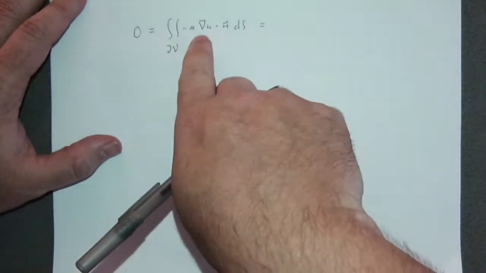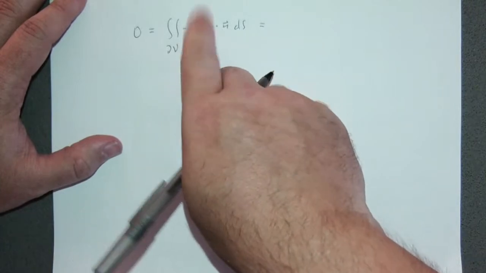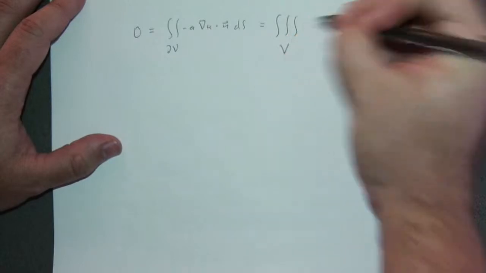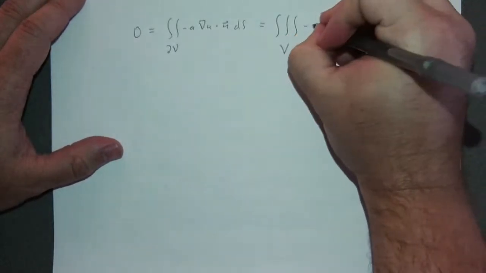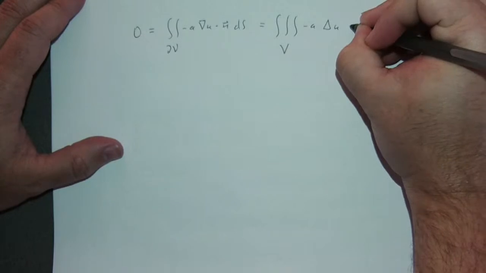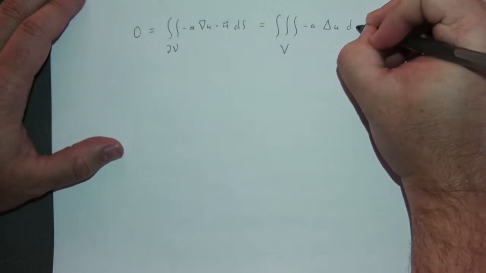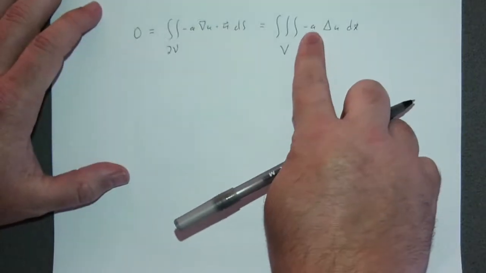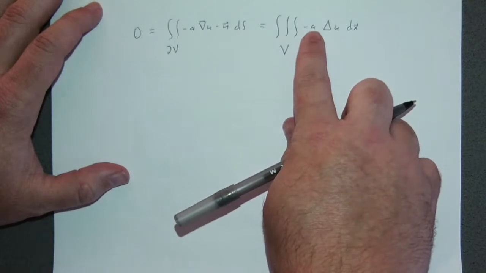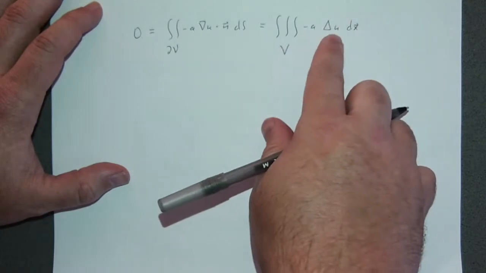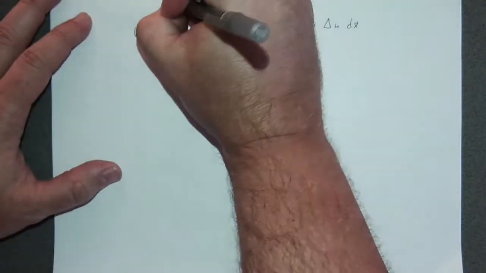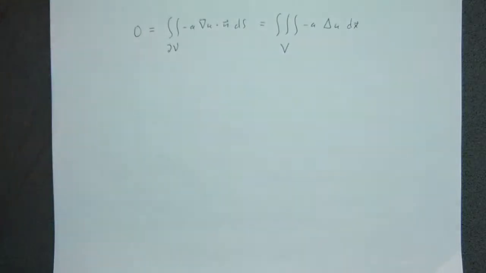Using the divergence theorem, the divergence of the gradient, of course, is the Laplacian. So this is the integral over V itself of minus alpha times the Laplacian of u dx. Okay, and so I have, since alpha is some non-zero constant, I have that the integral of the Laplacian of u is 0, right, over any subdomain V of omega.